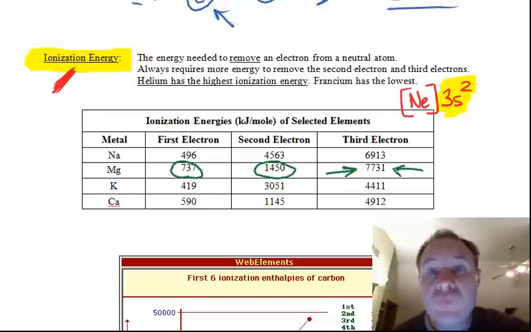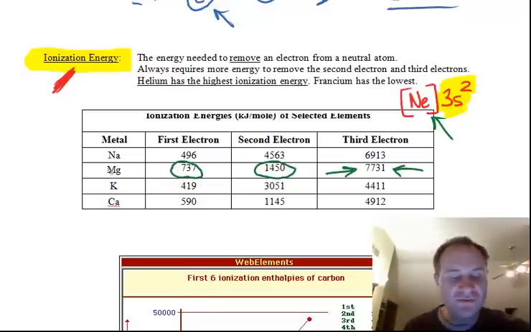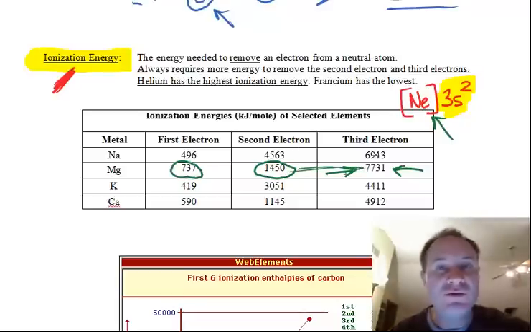That is crazy. To disturb the full valence shell of neon is expensive. So you don't want to do that. So we see this big jump in energy cost whenever you try to disturb a full valence shell.